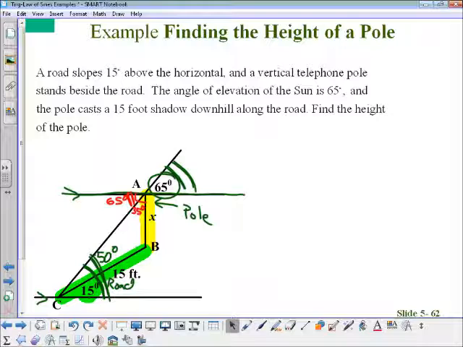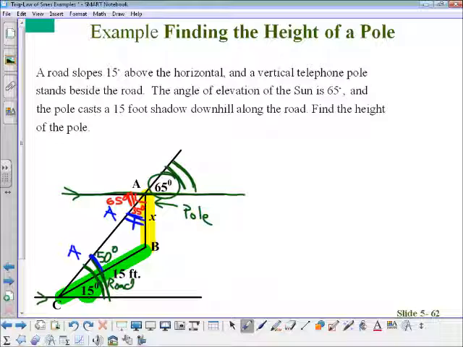So if you look at this picture, we have this angle here, 50 degrees. We have this angle here, 35 degrees. And we also have, I forgot, the length of the road that's going up 15 degrees to the pole, or excuse me, that's the length of the shadow.